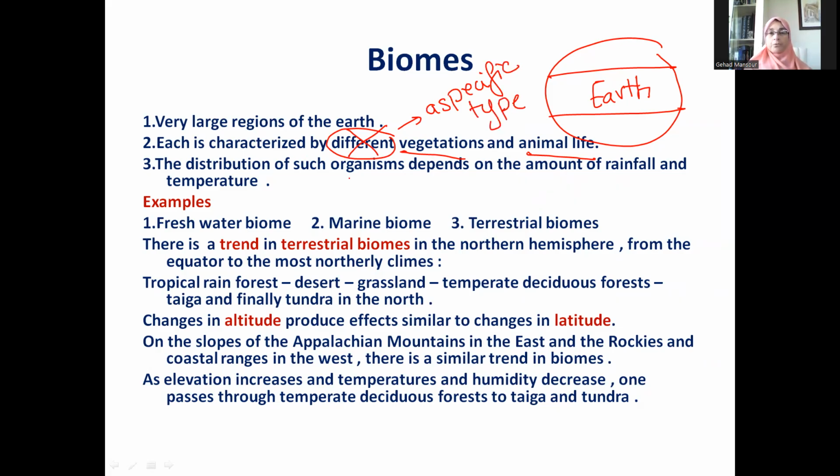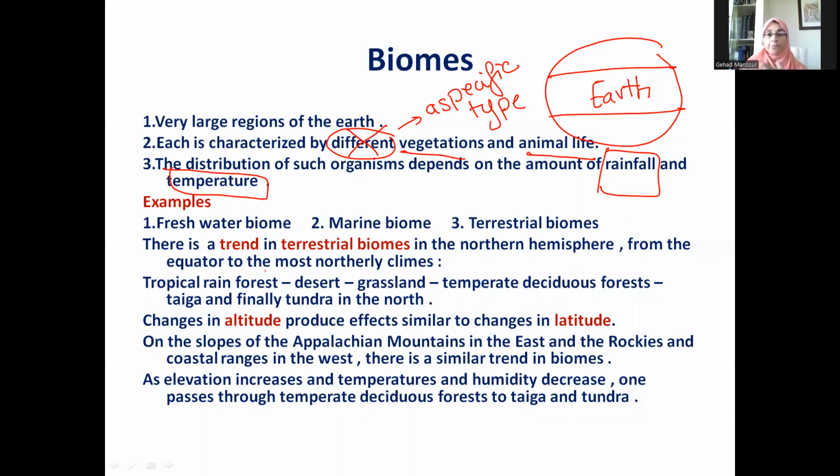And of course, when we say distribution, we mean distribution between the different biomes, but within each biome, the specific types of vegetation, and therefore the specific types of animals that will live there, will depend upon two main factors. The first factor is rainfall, and the second factor is temperature.